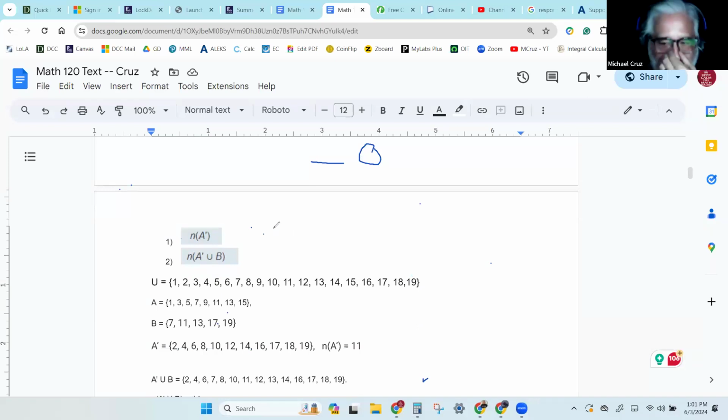You just have to write these down if you're doing them off the screen, usually. But not in A. So A is 1, 3, 5, 7, 9, 11, 13, and 15.